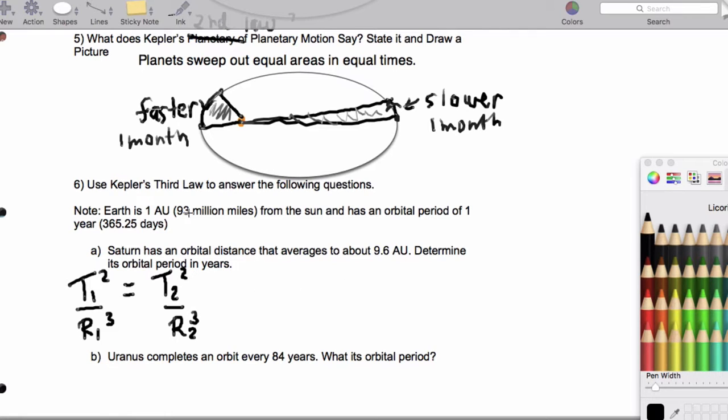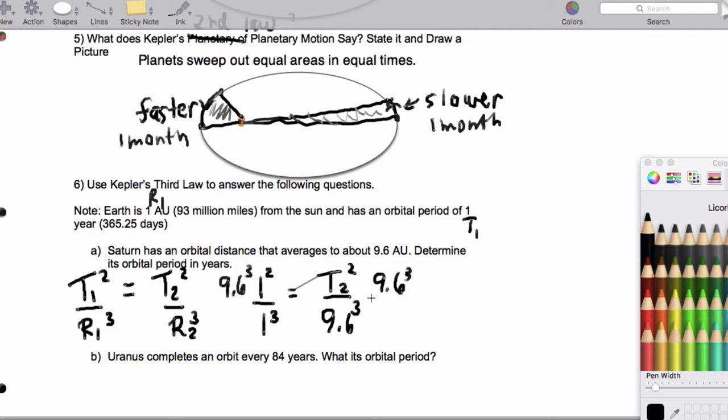We'll call planet 1 Earth, so this is R1, and this is T1. So we have 1 squared over 1 cubed equals T2 squared over 9.6 cubed. We'll multiply both sides by 9.6 cubed, like this.